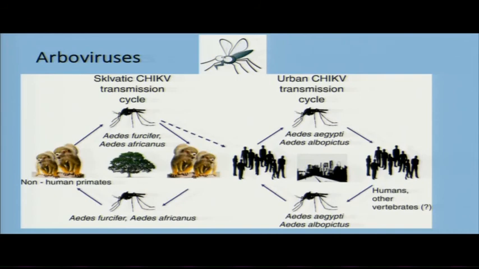That's the cycle that for many, many years, decades, and millennia has gone on in the forests, say, of East Africa, where you've got mosquito, non-human primate, to mosquito, to non-human primate, to mosquito again. So that's the way these diseases circulated.